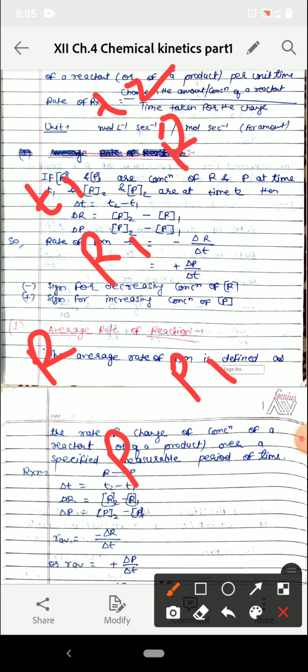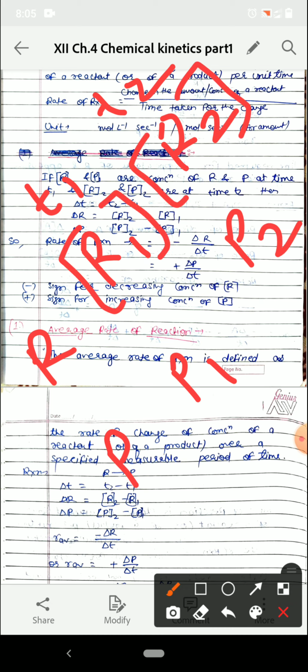At T2 time, it is R2 and P2, the concentration of R1, concentration of R2, concentration of P1 and concentration of P2. Okay, I hope this is clear to you for R and for P.